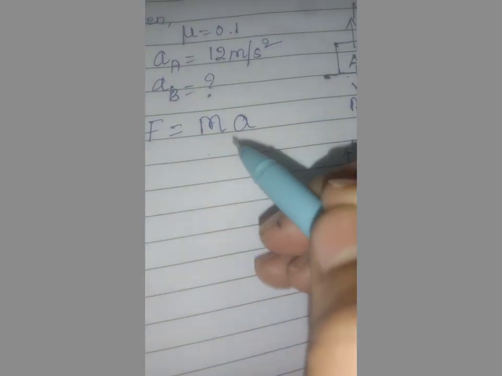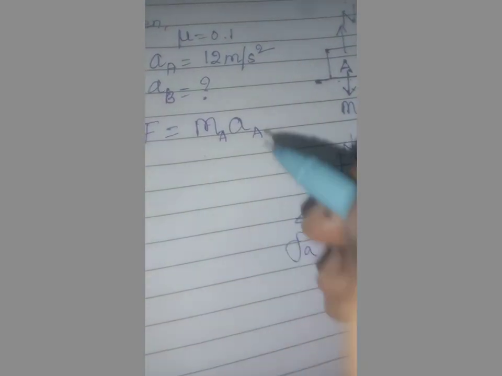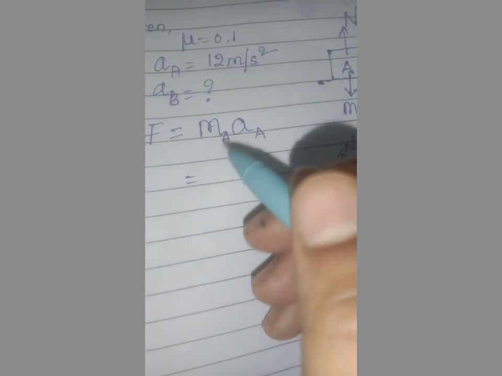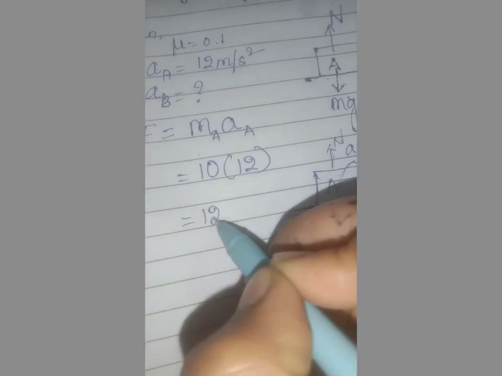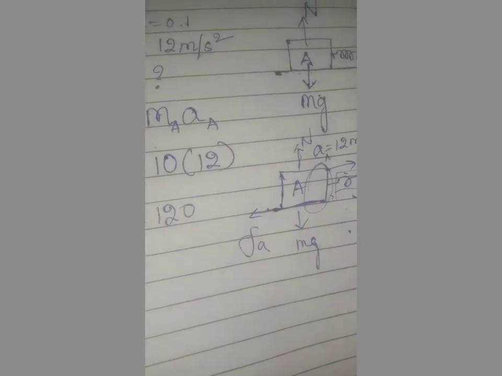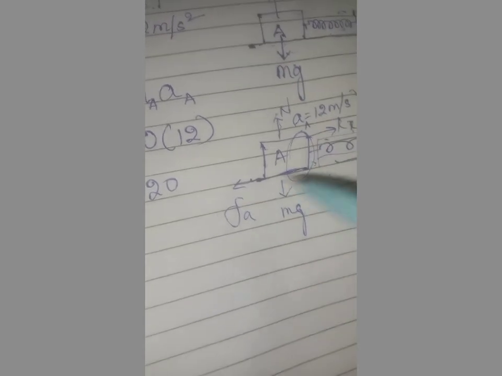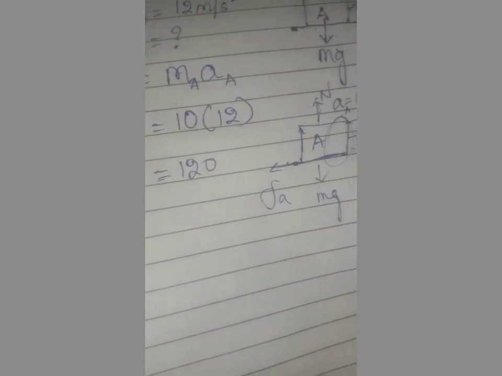Net force on block A is mA aA. The mass of the first block is 10 and the acceleration is 12, so 120. Now you know the forces acting on it, and when you add all the forces it becomes the net force. So let's add all the forces.